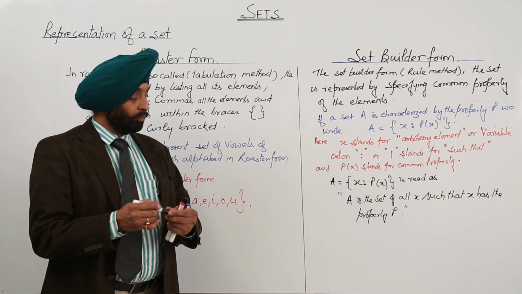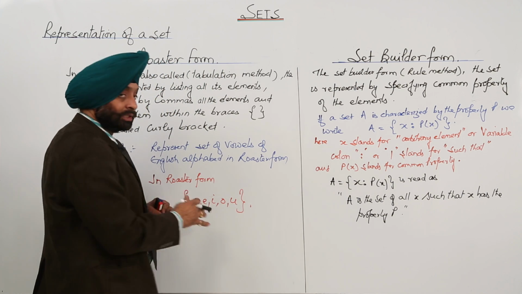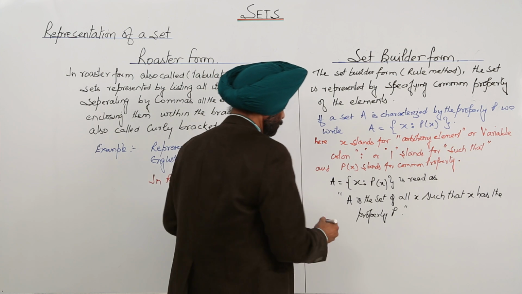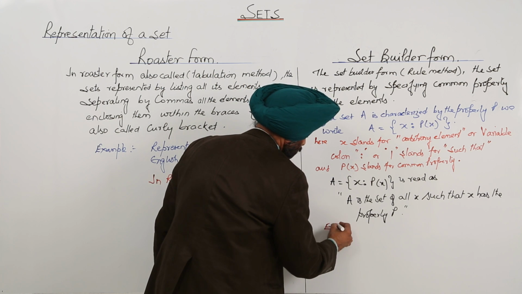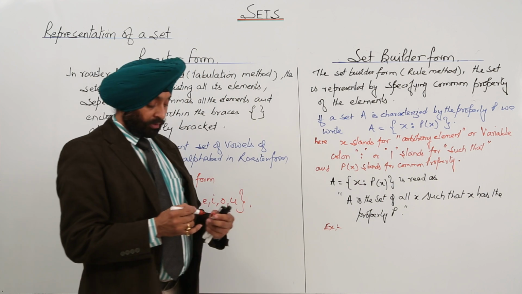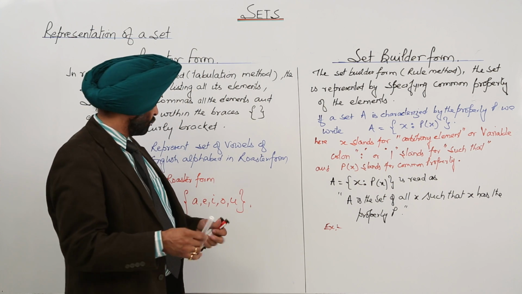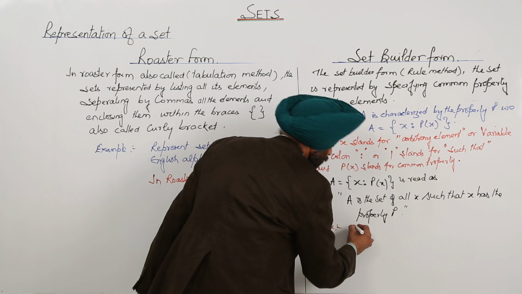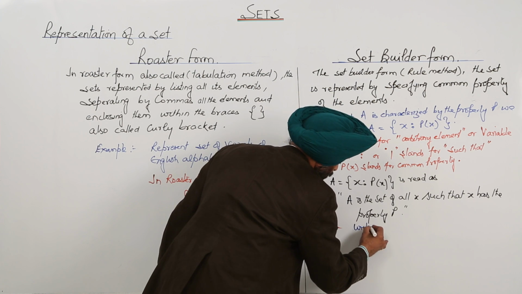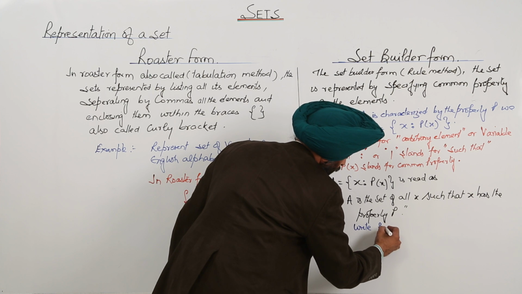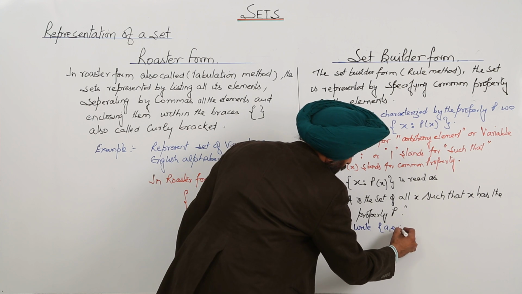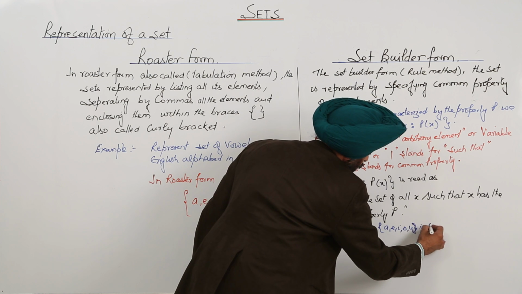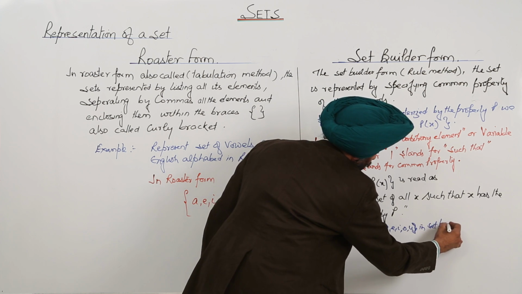This is the basic thing, if it is written in this form. Is it clear? Now just writing this in the vice versa form. Now example: write A, E, I, O, U in set builder form.